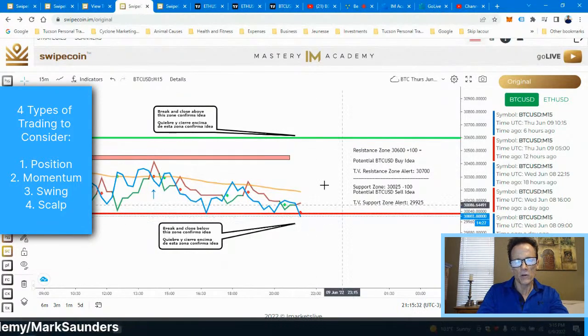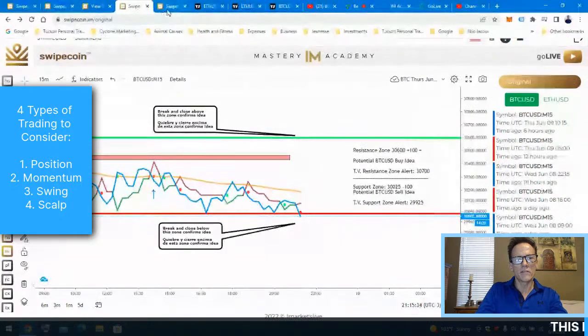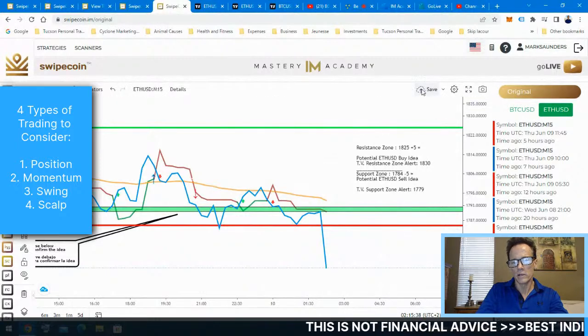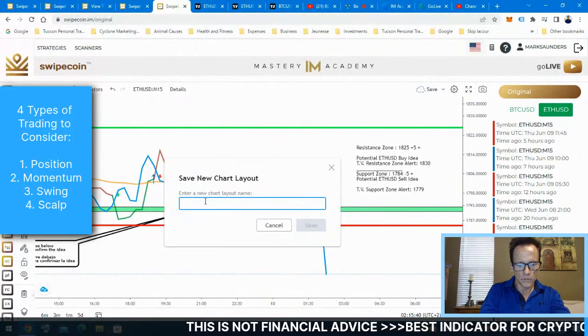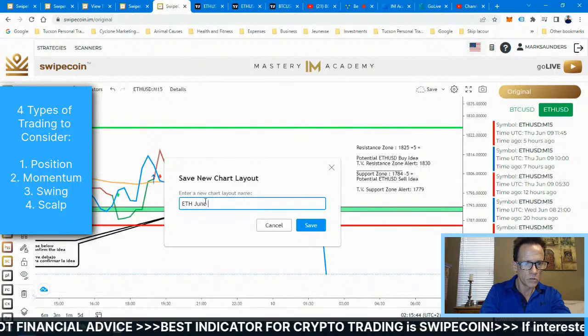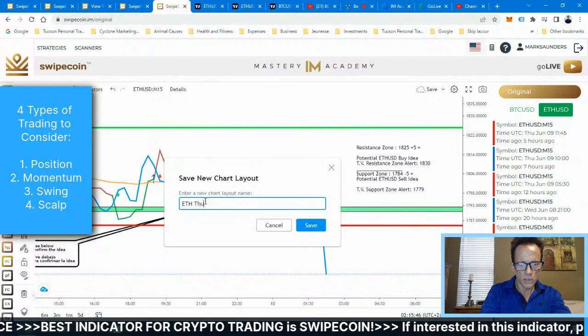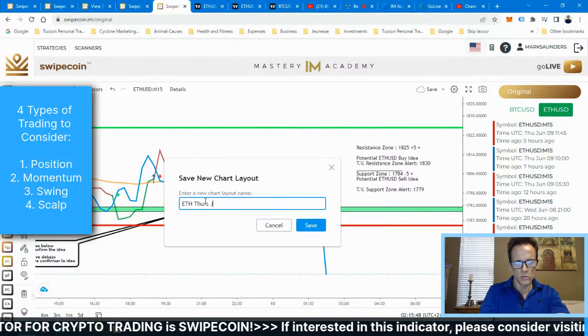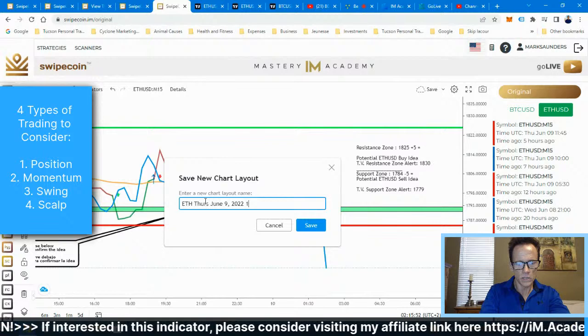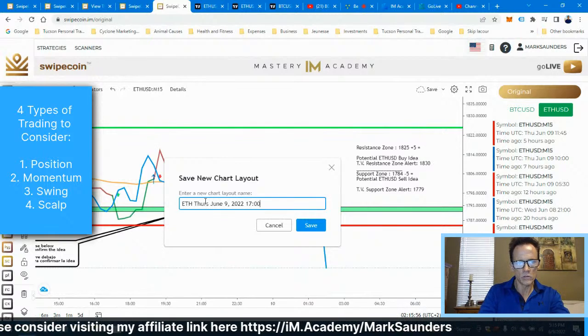I'd be so upset if I lost my work. Look at that, it did drop down, but I'm not going after it. ETH. June, birthday. June 9, 2022, 1700.